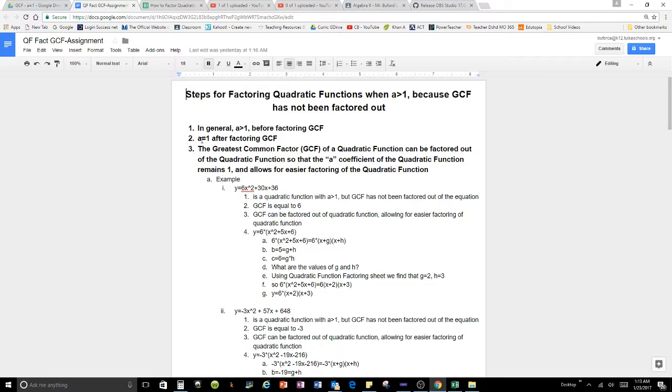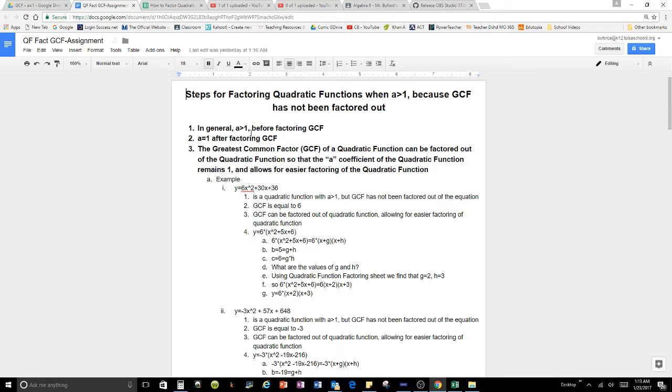As you see here, we've got some general rules. It says in general, when a is greater than 1 before factoring the greatest common factor, a is equal to 1 after factoring the greatest common factor.